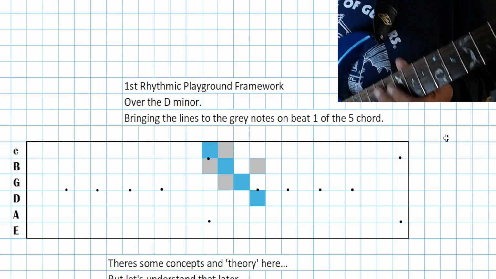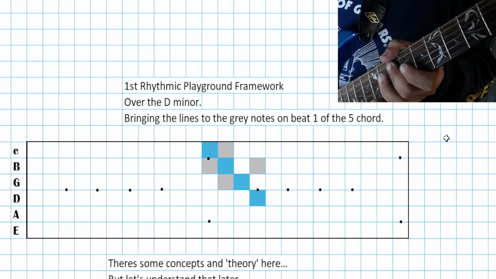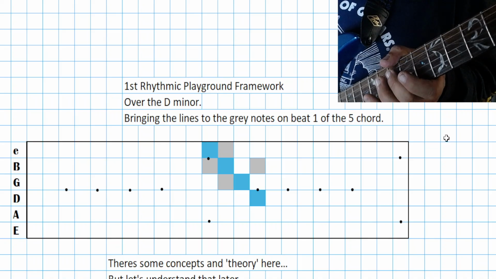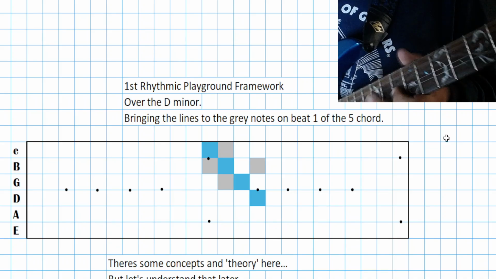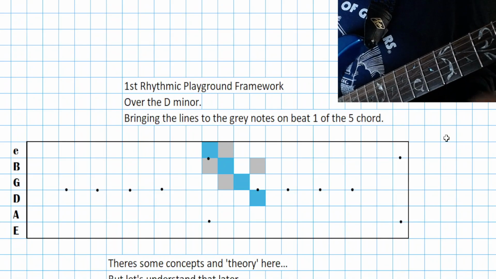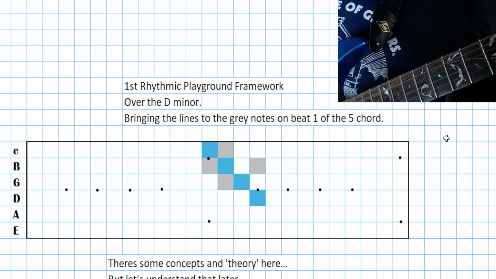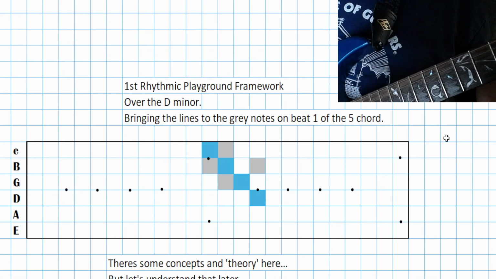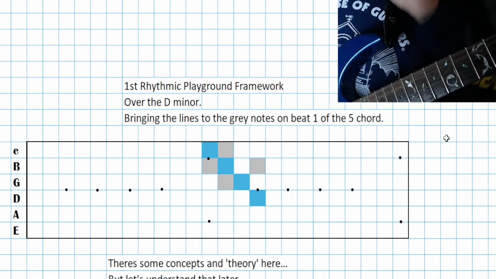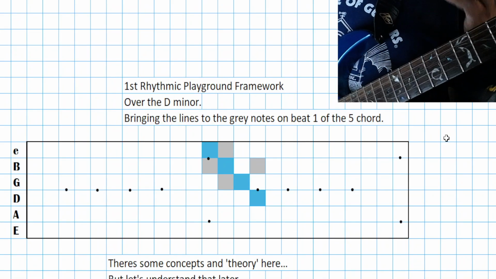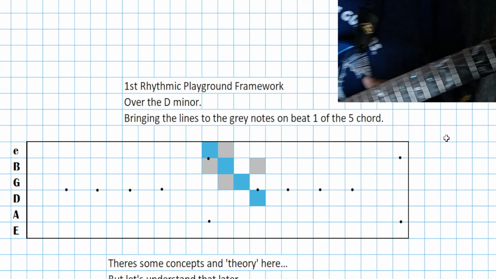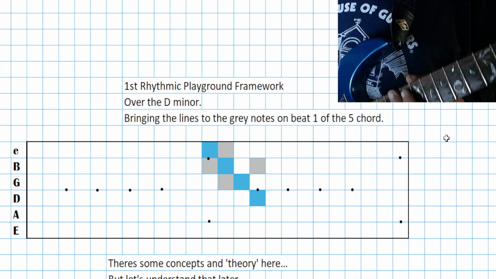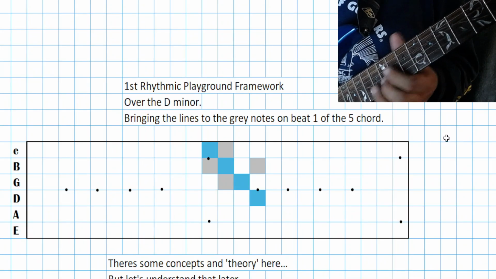You could do the Pat Martino way and cater to the 2 chord over the whole progression, or over the 2 and the 5 until you get to the 1 chord. And you can actually almost play anything until you get to the 1 chord. That's really the trick that I found. So we'll get to the trick later.